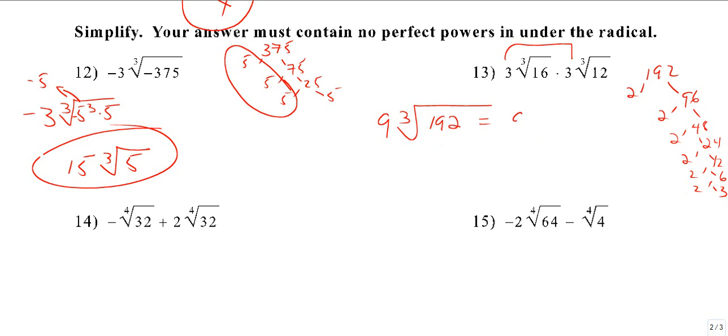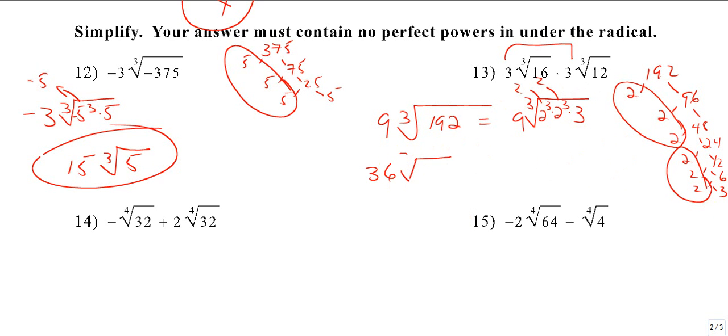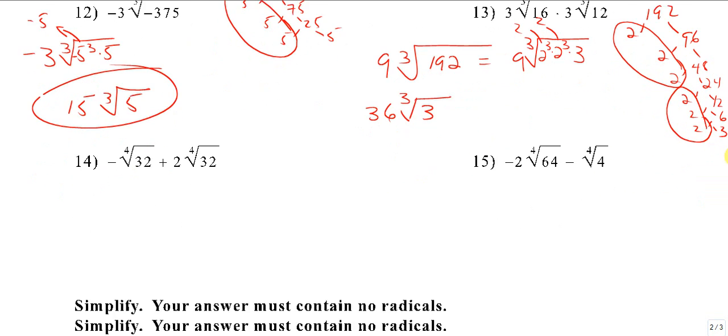I have 9 times the cube root, and I have 3 2's there. So I have 2 cubed, another 2 cubed, and I have a 3 left over. Okay, so my 2 cubes are going to come out as 2's, and they would multiply by the 9. That's a 2. That's a 2. So I get 9 times 4, so that's going to be 36. And what's going to be left underneath there is that 3. Let's go to the next one.